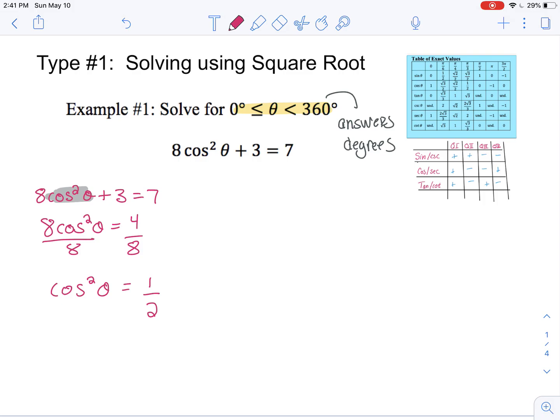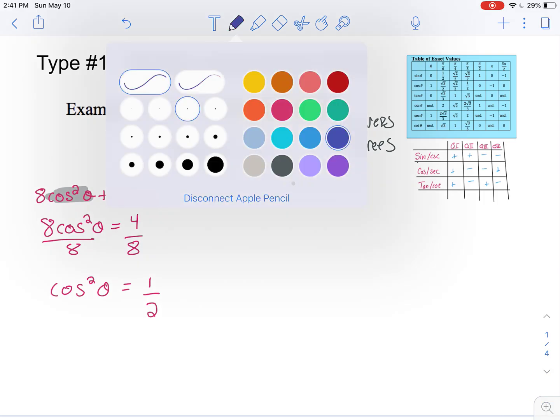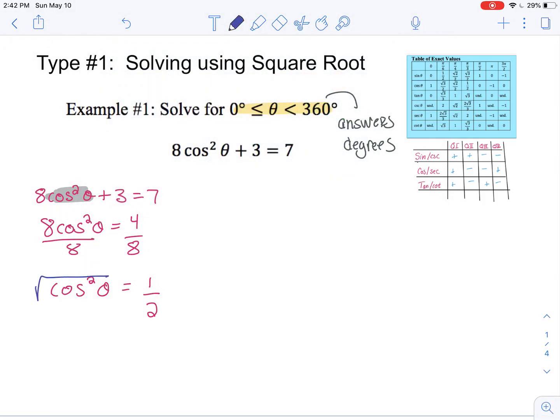Now it's cosine squared theta, so I'm going to take the square root of both sides. I can't forget the plus and minus. That's really important because that's going to give us 2 more solutions, so don't forget the plus and minus.